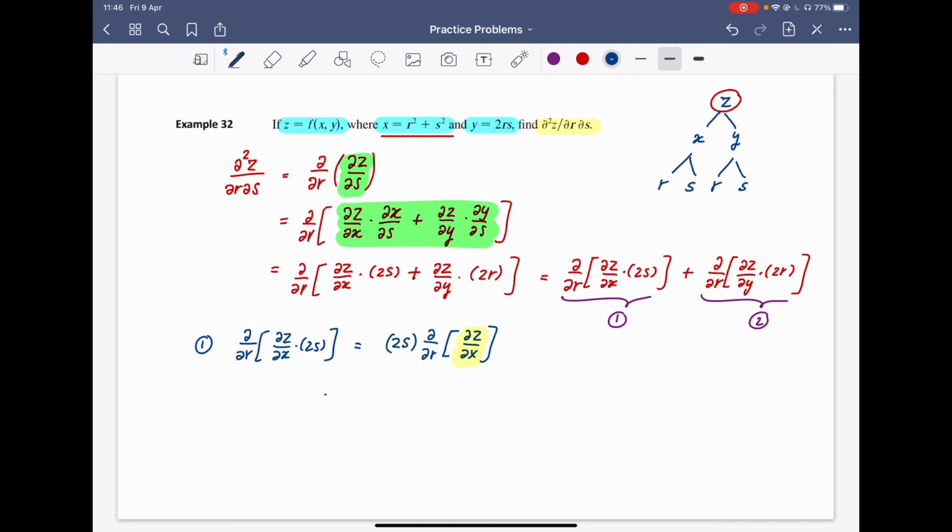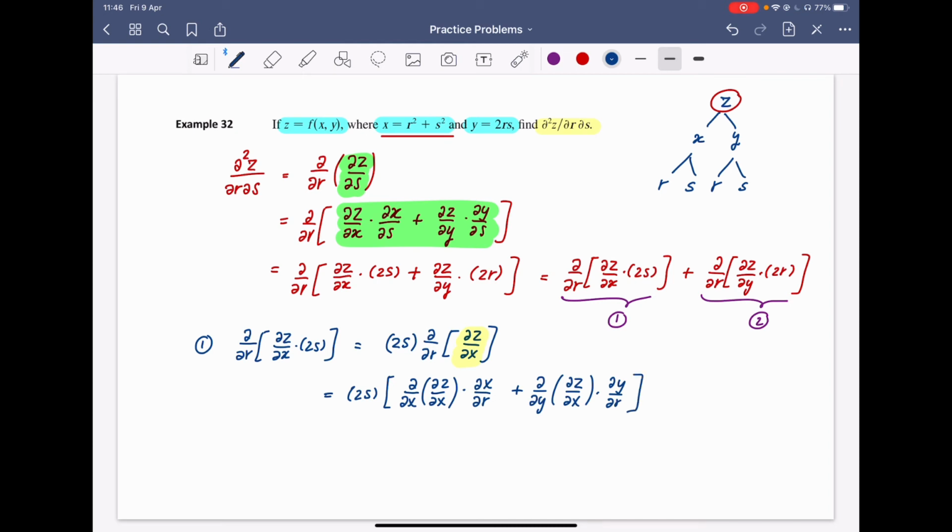So you're gonna get 2s here, keep it over there. You differentiate the thing that I highlight in yellow, ∂c/∂x, with respect to x first, and then ∂x/∂r, plus that thing differentiated with respect to y, and then ∂y/∂r.